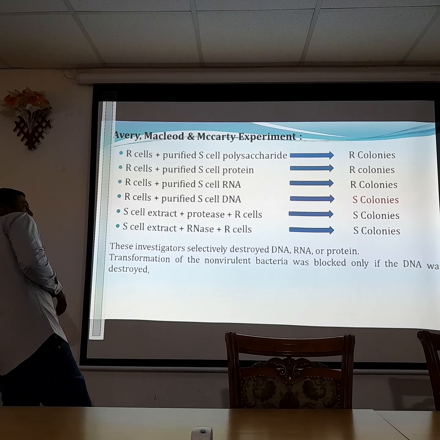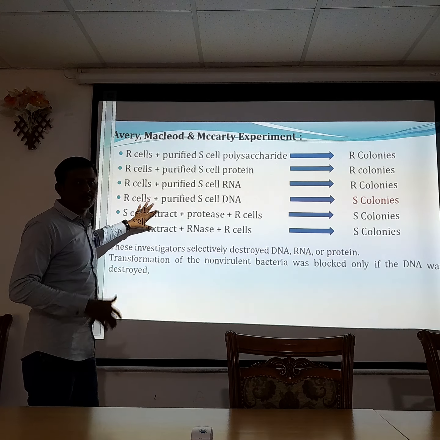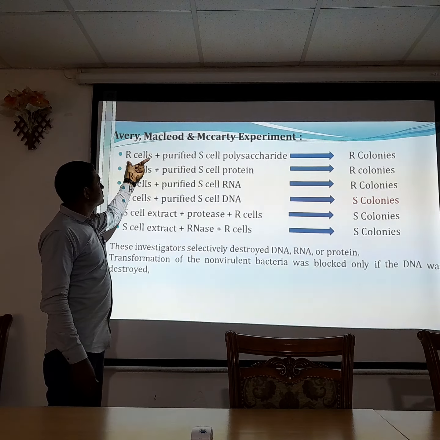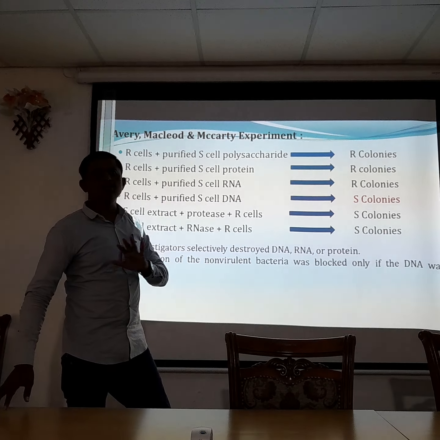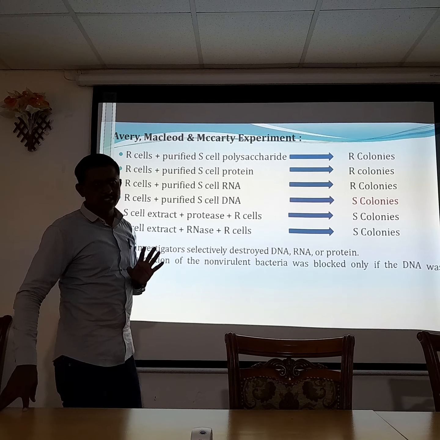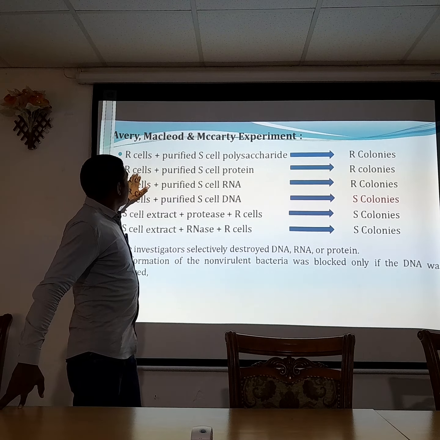In the next slide we see they used different sets of experiments. First, they used R type cells plus purified S cell polysaccharide, and found that R type cells remain as they are, with no transformation into S type cells. Next they used R type cells plus purified S type cell protein. They didn't know whether it was polysaccharide, protein, DNA or RNA, so they carried out different experiments in different sets.